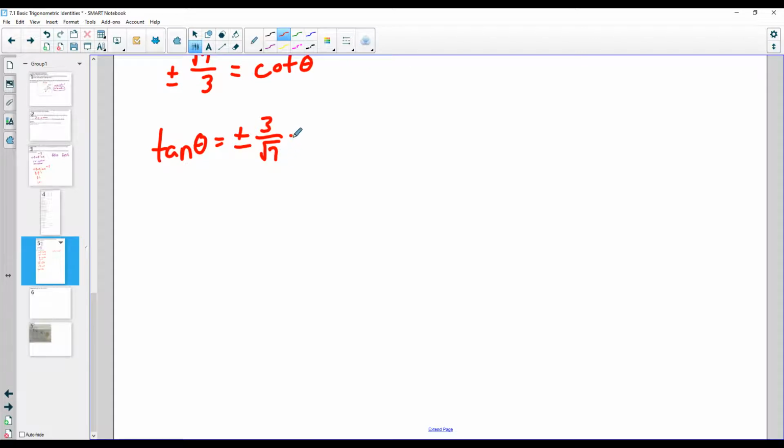And now, because we aren't cavemen, we simplify. So then tangent of theta equals plus or minus 3 times the square root of 7 all over 7. And that is our answer. Technically, 2 different answers.